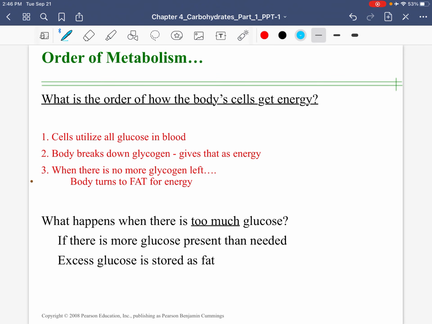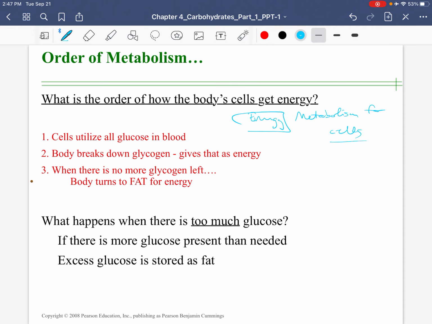When we talk about metabolism for energy in the cells, before we were taking a more global look. We were saying, well, overall in the body, metabolism is the sum of all the chemical reactions. That's true. But now, instead of thinking of the body as a whole, I only want to focus on energy metabolism for cells.